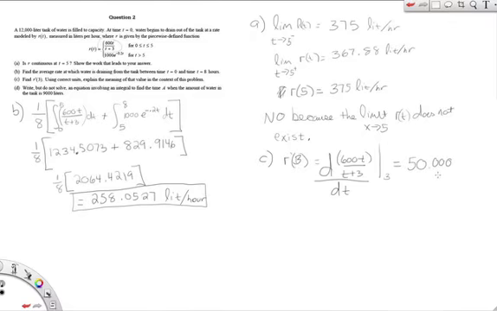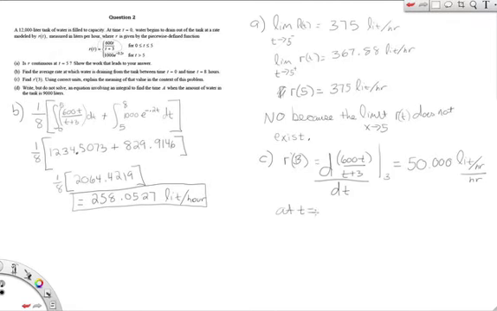Now what does it mean? Well, that's the liters per hour per hour. So I found the rate of change of the rate of change. So what do we want to say here?